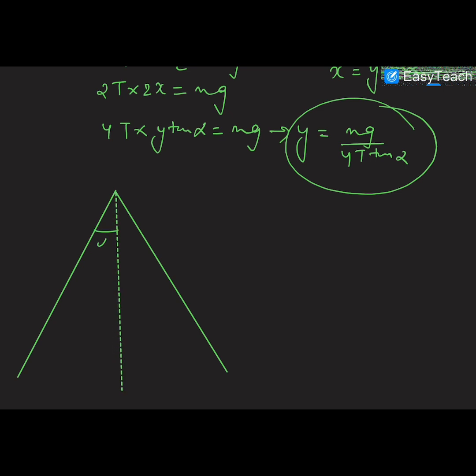This half angle is alpha, and the movable wire is this one, and initially this wire was at height y, and now we have displaced this wire by a distance of dy in the downward direction. This is y.